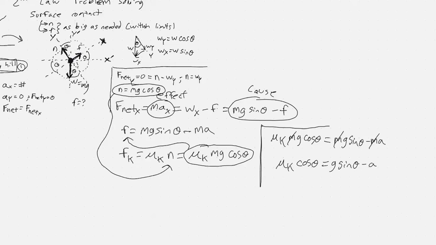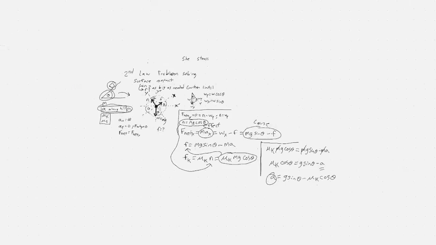That would just be this, and provided you know theta and you know the coefficient of kinetic friction and you know the gravitational acceleration constant, you could solve for the acceleration. So that's just a quick little example of different ways that second law can be used to figure things out to solve problems.